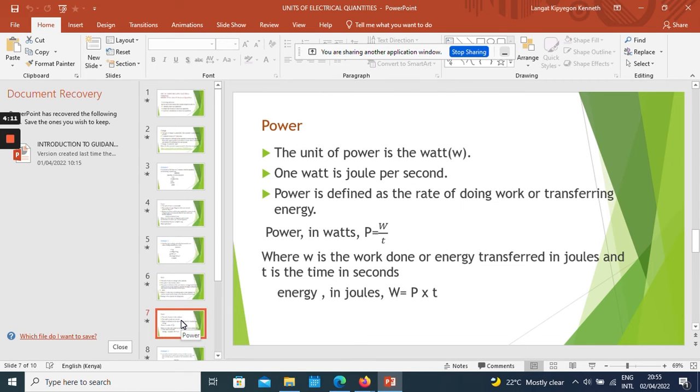Let's look at power. The unit of power is the watt. 1 watt is a joule per second. Power is defined as the rate of doing work or transferring energy.